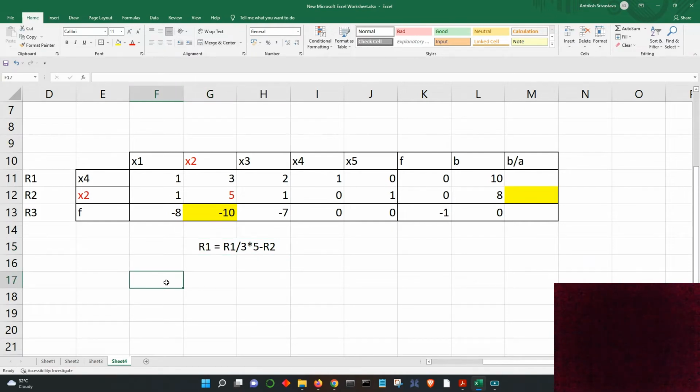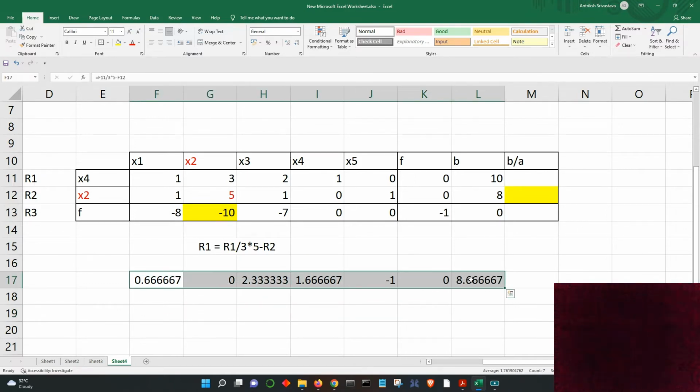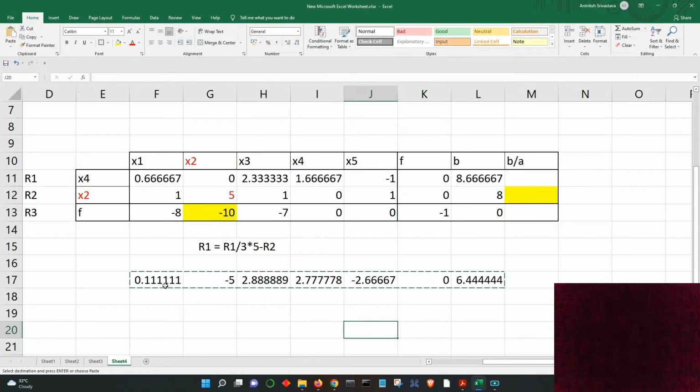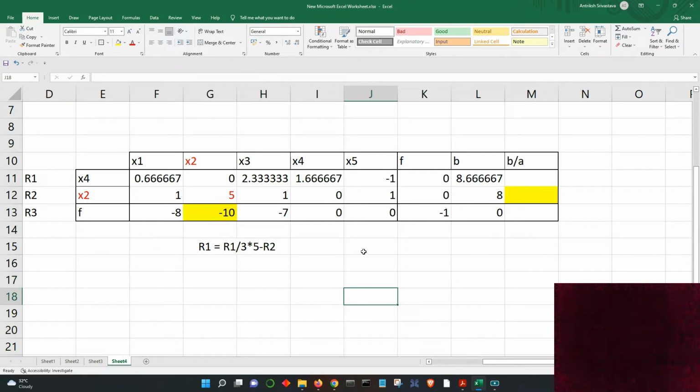Yeah, let's do it. It is equal to this divided by 3 into 5 minus this. So we have 0.667, no need to worry about that. It has made this particular value 0. So let's copy this and paste it here as a number. So now we can remove this. So we have done the operation for R1.